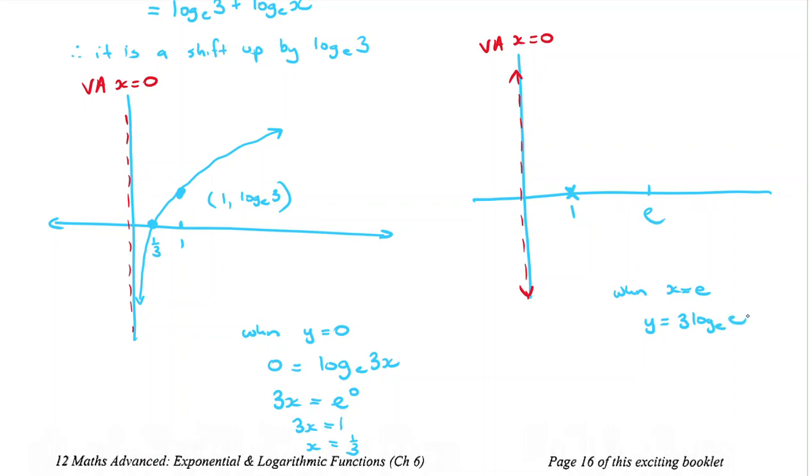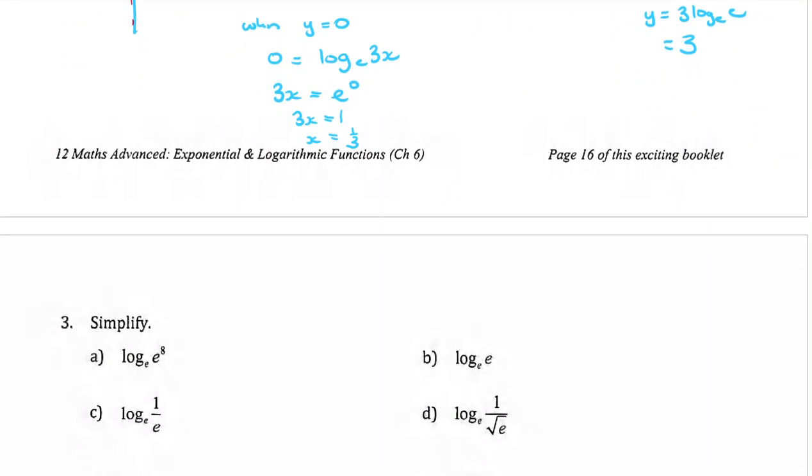What's log e of e? It is 1. So that's just equal to 3. Okay? So up here at 3, there it is. Logarithm comes down like that. All right, how are we doing? Okay with graphs? Yes? Maybe? Okay. All right, then we move on.